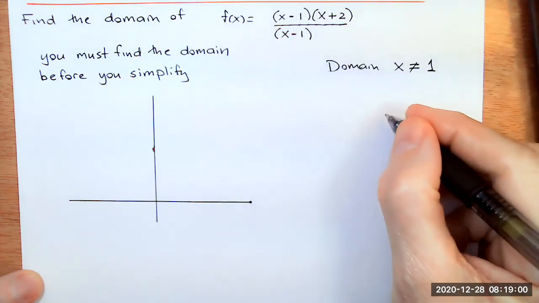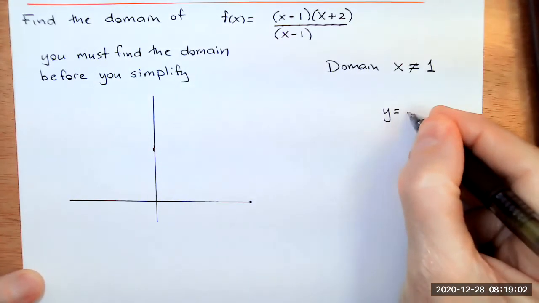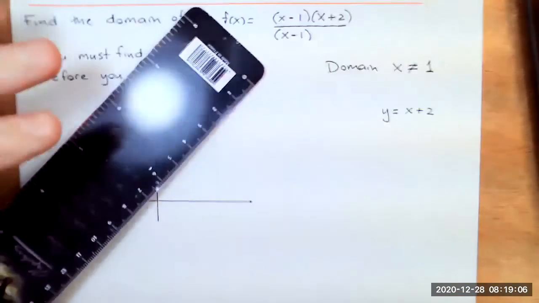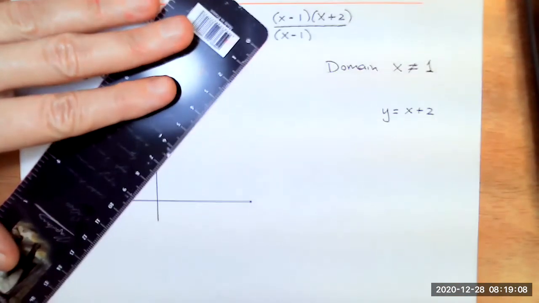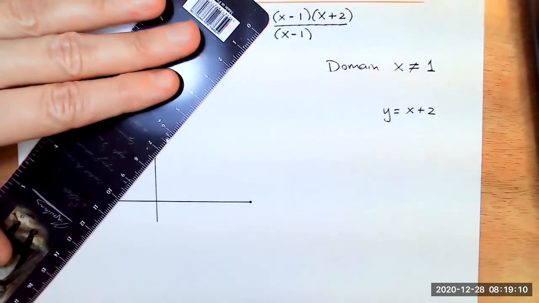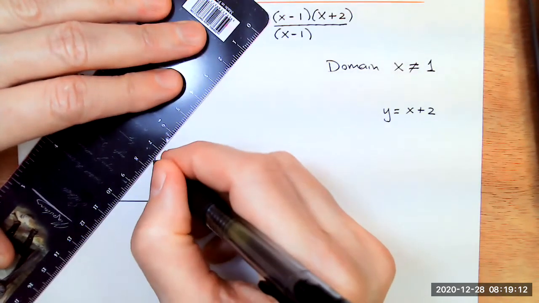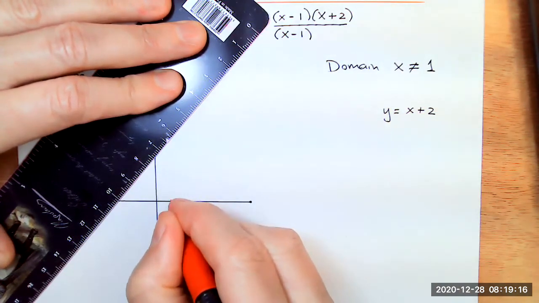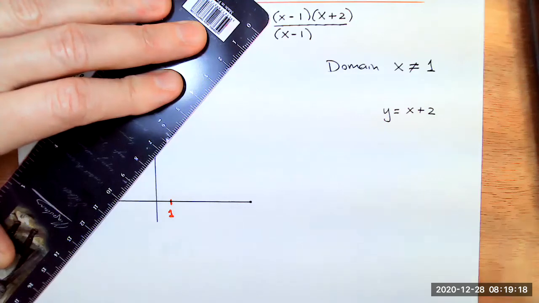So the graph is going to look like y equals x plus 2, which is a linear function whose slope is 1 and goes through the point (0, 2). But what happens when it gets to x equals 1?